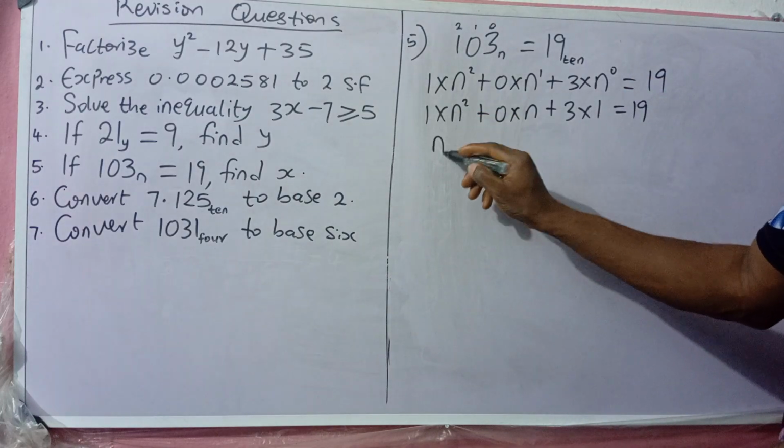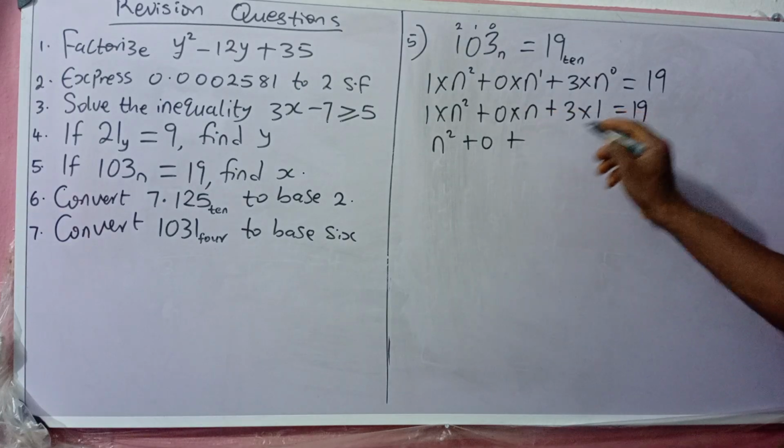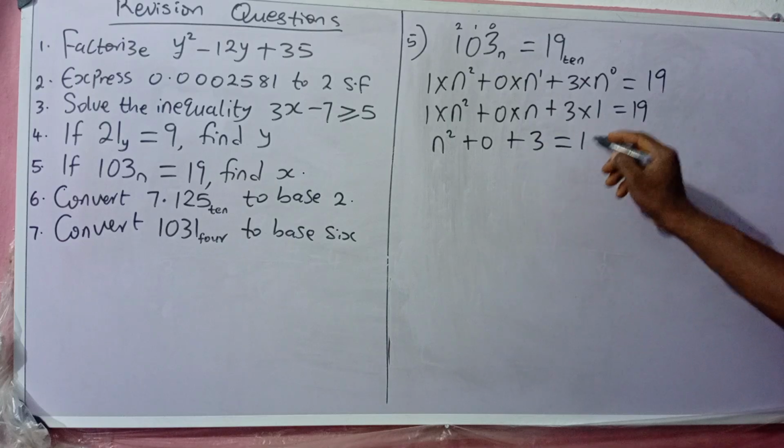Then 1 times n squared gives us n squared, plus 0, because anything multiplied by 0 gives us 0. 3 times 1 gives us 3, equal to 19.